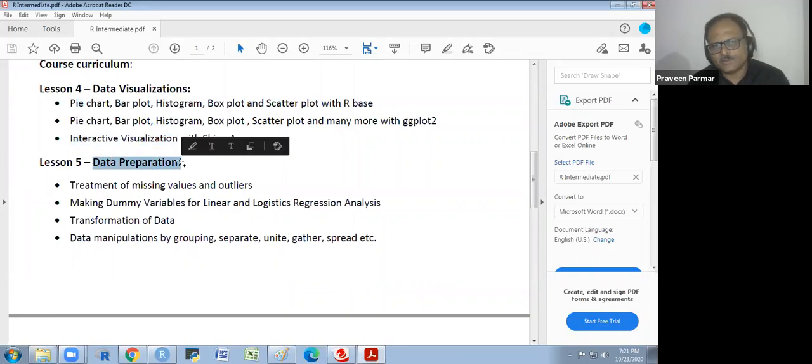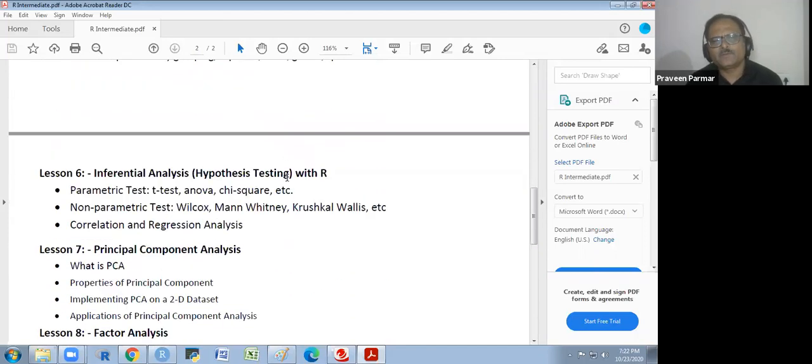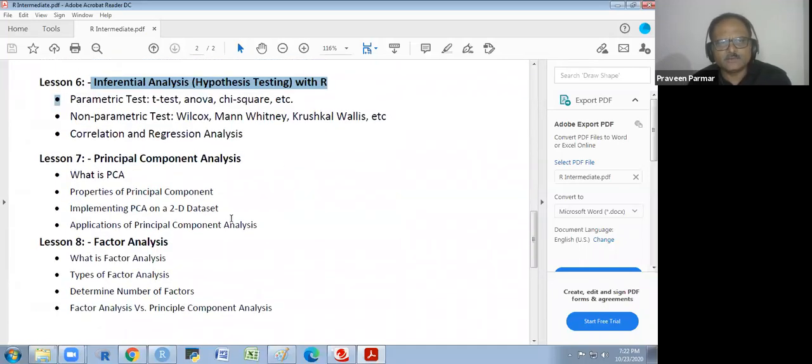Data preparation we start today, and we learn how to treat the missing values and outliers, making dummy variables for linear and logistic regression, and transformation of data manipulation by grouping, separate, unite, gather, spread, etc. All this we will cover in this chapter, and after that we start our inferential analysis, and then the factor analysis.